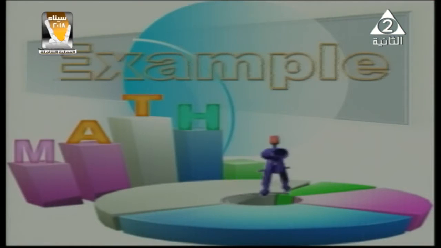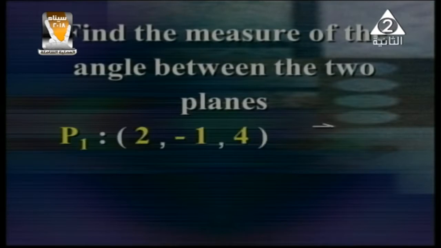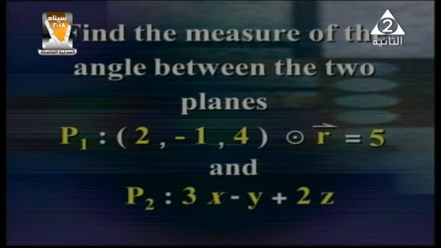Now we move to an example. Find the measure of the angle between the two planes B1: (2, -1, 4) dot r vector equals 5, and B2: 3x minus y plus 2z equals 4. Remember, dear student, we have two equations of two planes.